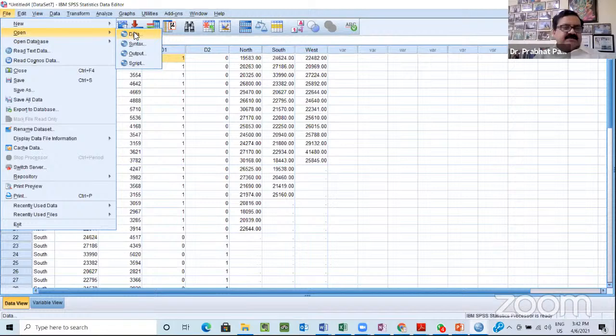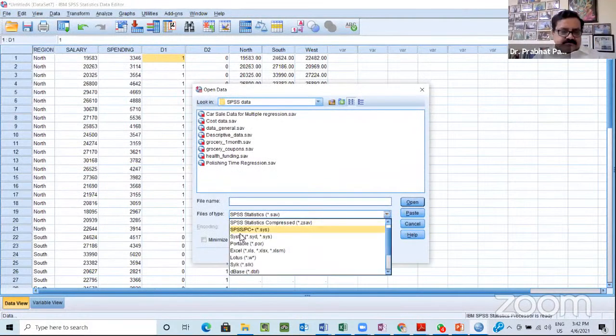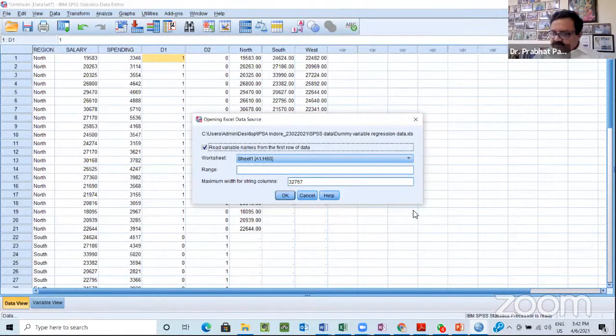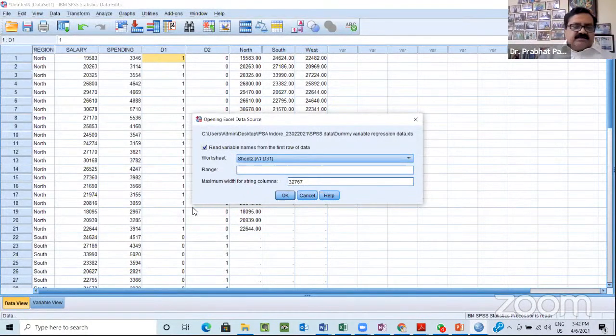I'm going to open another data set, Excel, dummy variable, open. So this time I'm going to open the data set from C2. And the range I'm looking for is A1 to D27.